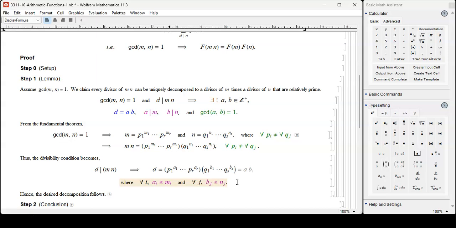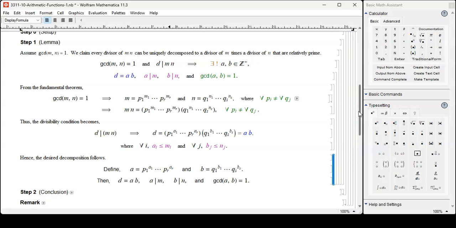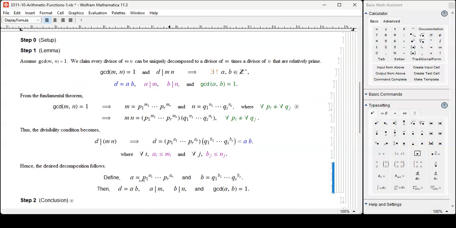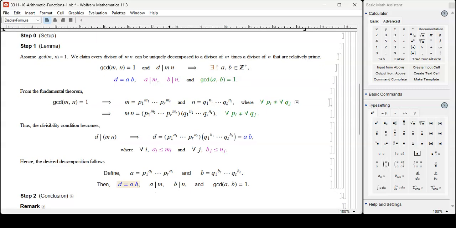Now a and b are pretty clear. I'm going to define this one as a and that one as b. Consequently, d equals a times b, and thus we have this decomposition. a is defined as this prime factorization, b is defined as that prime factorization, then d is a times b, as you saw here.